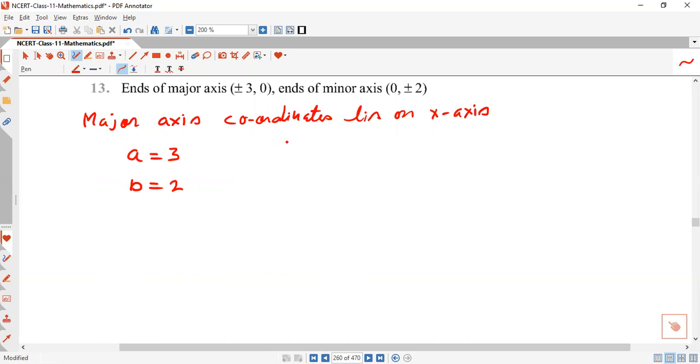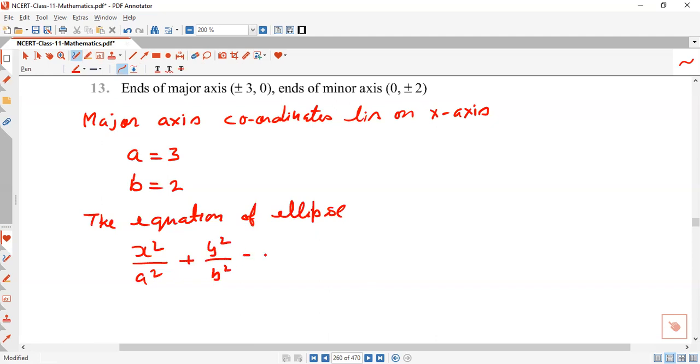So the equation of ellipse will be x square upon a square plus y square upon b square equal to 1. Put the values here. x square upon 9 plus y square upon 4 equal to 1. This is the equation of the ellipse.